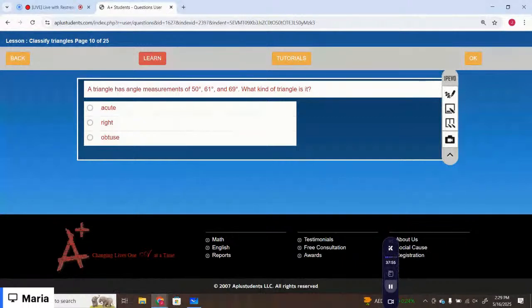What kind of triangle is it? That is an acute triangle. Option one is the correct option.